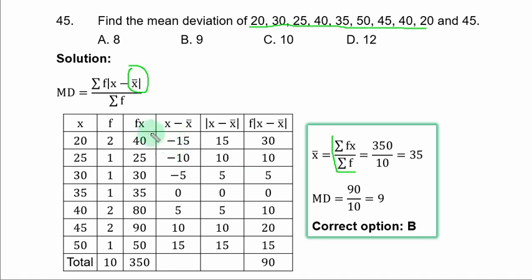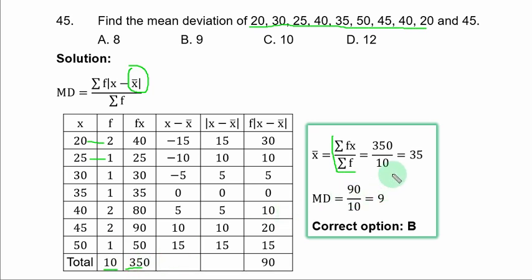Then we get fs in order to obtain the mean, because s bar, the mean, is summation fs over summation f. So you multiply s by f, that is 20 times 2, 40, 25 times 1, 25, and so on. So you add the f column and the fs column, you have 10 as the total of f and 350 as the total for fs.